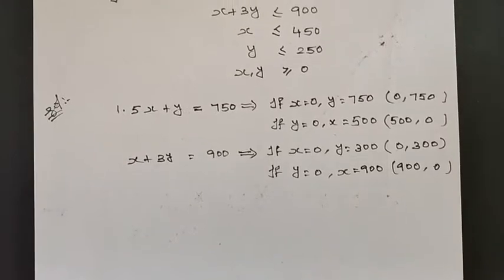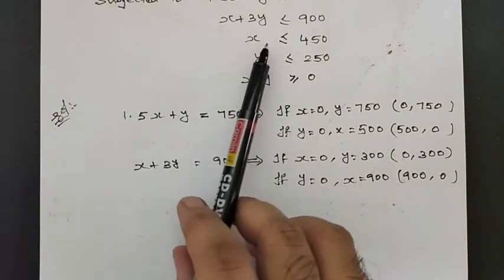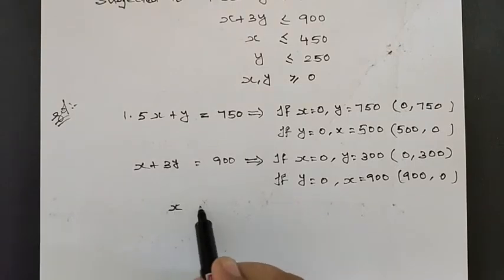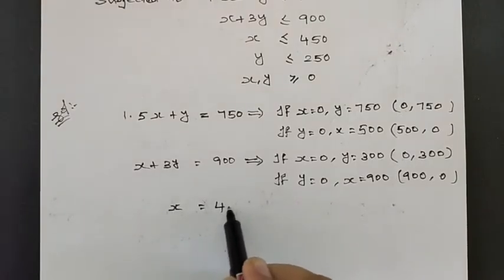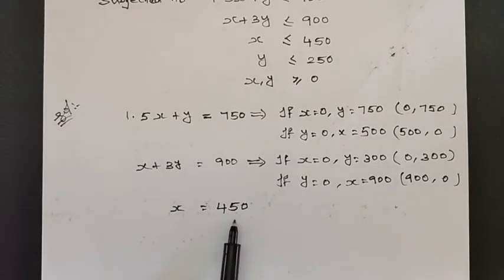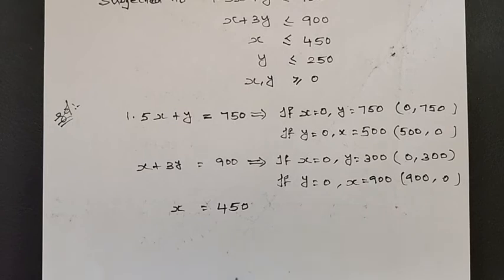Then what about the third constraint? The third constraint is x less than or equal to 450. If you convert that into equality, then x is equal to 450. Here there is no y term, so for any value of y, the value of x is equal to 450, and we can't write that as vertices.